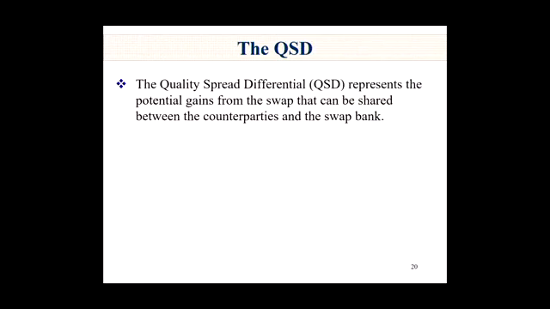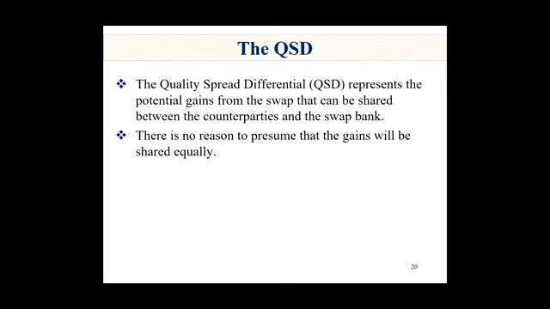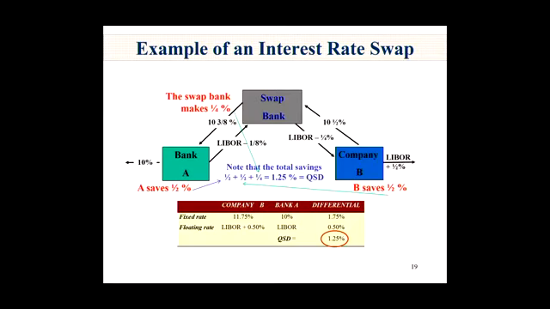Now, what is this thing? The quality spread differential is the gain from the swap that can be shared between all of the counterparties. So between Company A, Company B, and the swap bank. In this case, A and B made 0.5%, right? And the swap bank made 0.25%.